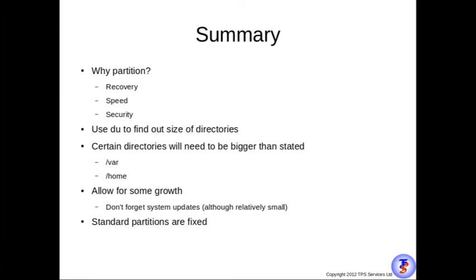And finally, the standard partitions are always fixed. So once you've created those sizes and the file system's been applied to it, you can't grow them. Because as soon as we start moving partition boundaries, we impact on one of the other partitions that's already been created on the disk itself. But there's nothing stopping us adding a new disk and moving that entire partition to a bigger place on the disk and then growing the file system itself.